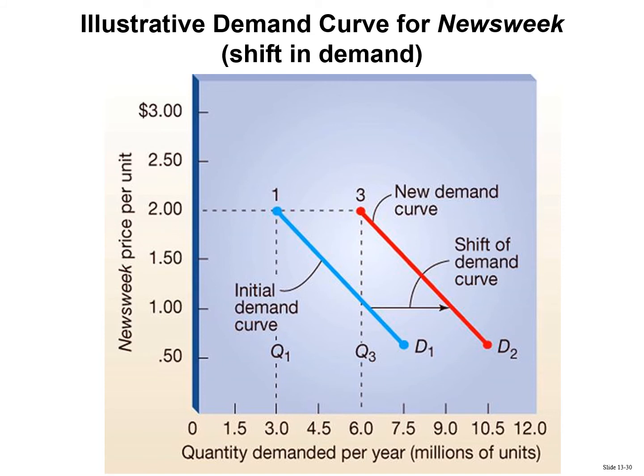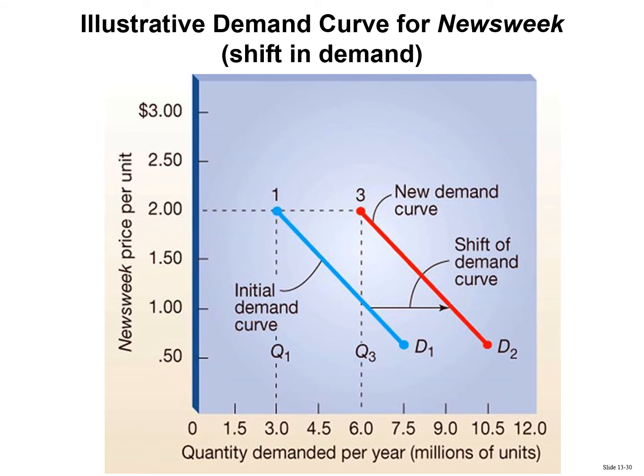Now, what happens is, based on demand factors that we were talking about earlier, it may happen that if you offer your product at $2, you're initially able to sell only 3 million units of the product.